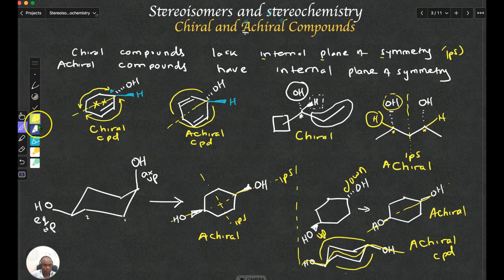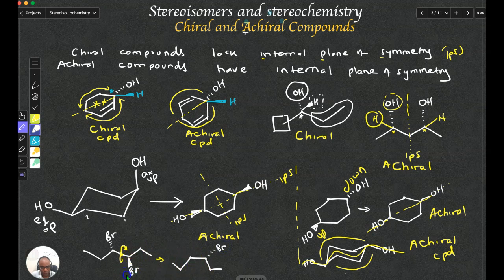And I think there's one more example I can show you. If you are given a molecule like this, let's say you're given bromine and bromine, you would think that this is dash, this is wedge, and there's no internal plane of symmetry, but there is. If you rotate this, this gives you this shape of a molecule. The bromine is going to go up and away.